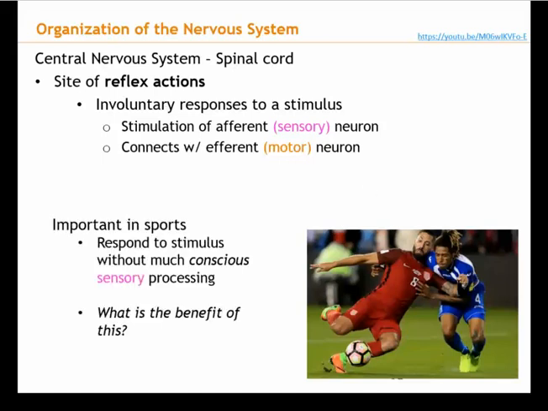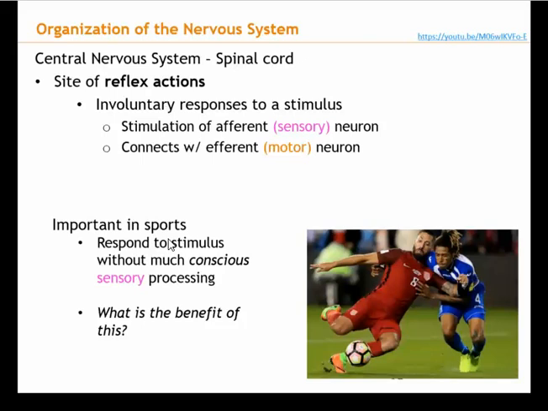So why is the spinal cord important in sports? It basically allows us to respond to a stimulus without very much conscious sensory processing. So what's the benefit of this? Normally, I would have you talk with your neighbor for about 30 seconds and figure out what is the importance of the spinal cord in sports.